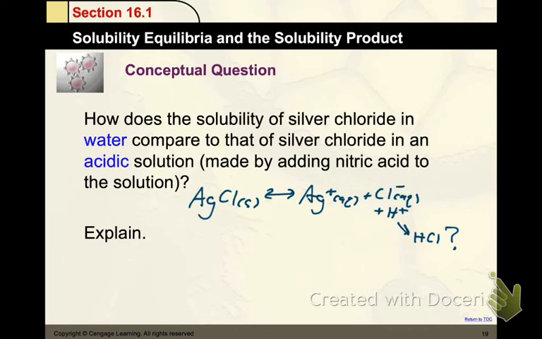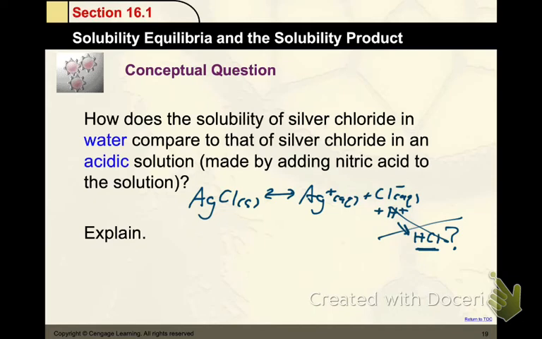Well, what do we know about HCl? HCl is a strong acid. Strong acids don't tend to want to go together to form like that. So no, that's not going to happen. Because of that, the addition of H plus isn't really affecting anything there.